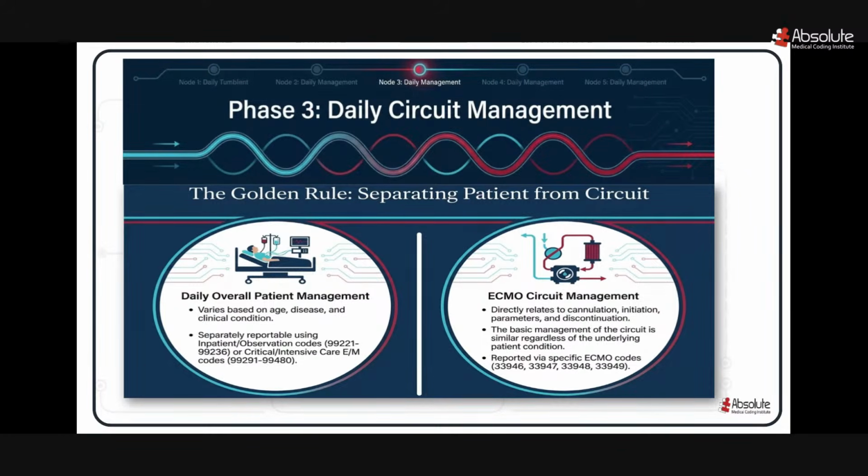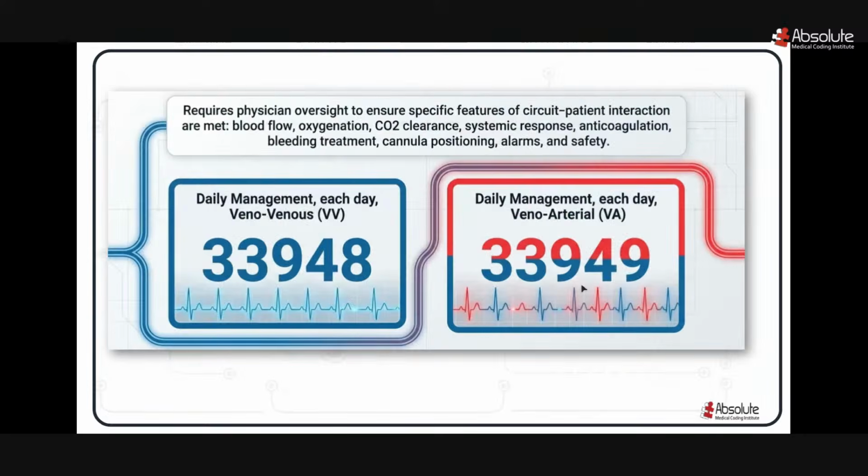All those should be separately managed, and they come under the ECMO circuit management section. So it's important you understand the differentiation between these two kinds of management. Overall patient management should be coded using appropriate E/M codes. You can use inpatient or observation E/M codes, or critical care E/M codes as appropriate. And the ECMO circuit management is coded using these two codes.